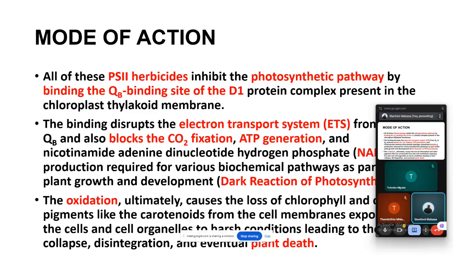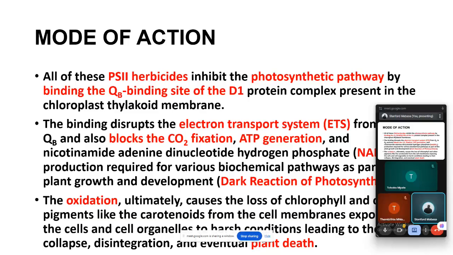And it is the oxidation which will actually kill the plant, and these reactions will lead to plant death. So this is the message from this slide. All you need to remember is that it is photosystem 2 which is affected.